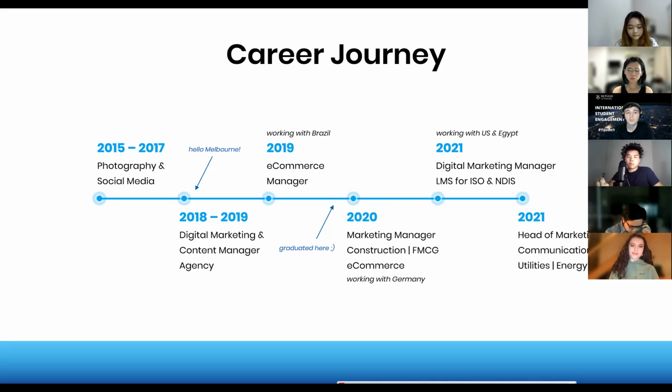Now, one common issue in Australia and probably everywhere in the world is that most companies are looking for candidates or hires with experience. This is the problem. This is what I call the death loop.